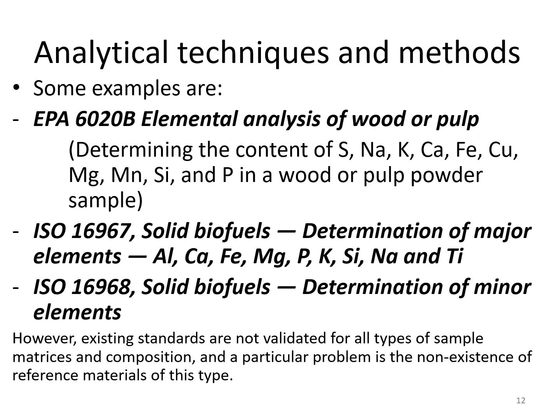It can be the case that some matrices, such as, for example, a special type of wood pellet, wood chips, or some other wooden material, and especially ash, are not covered by these standards, and you need to do some optimization steps or even validation of certain steps in the analysis in order to be able to apply these methods for these new samples.